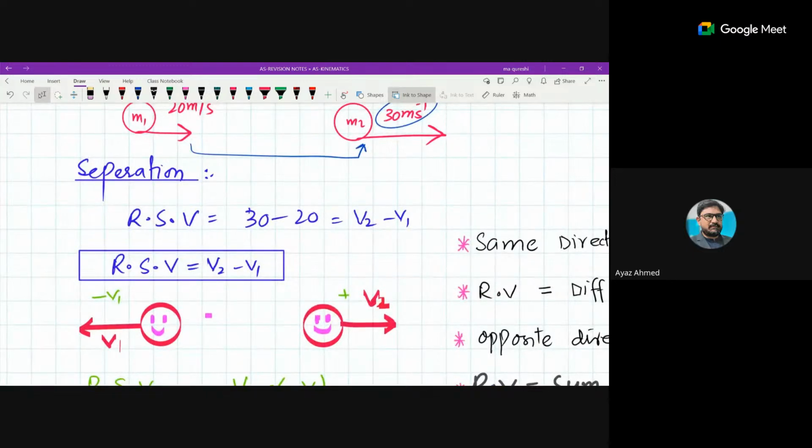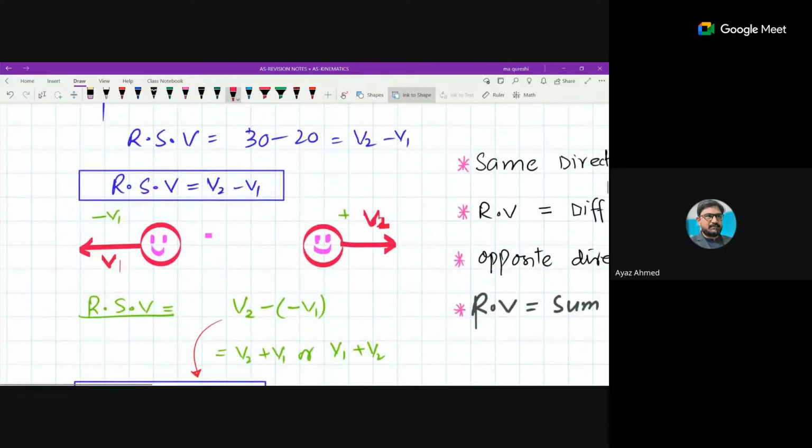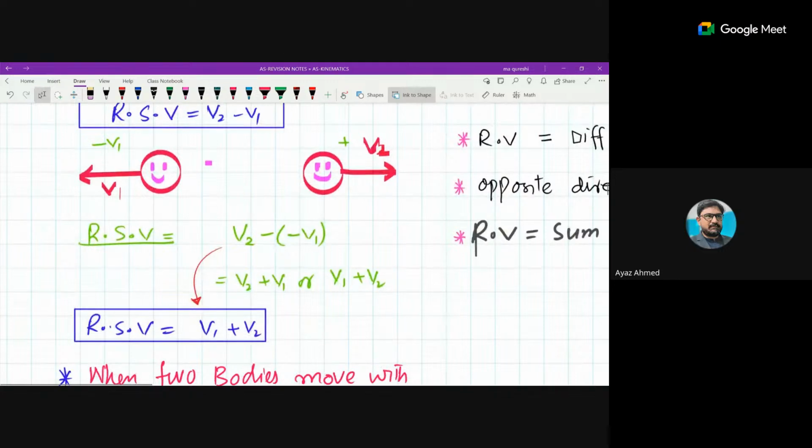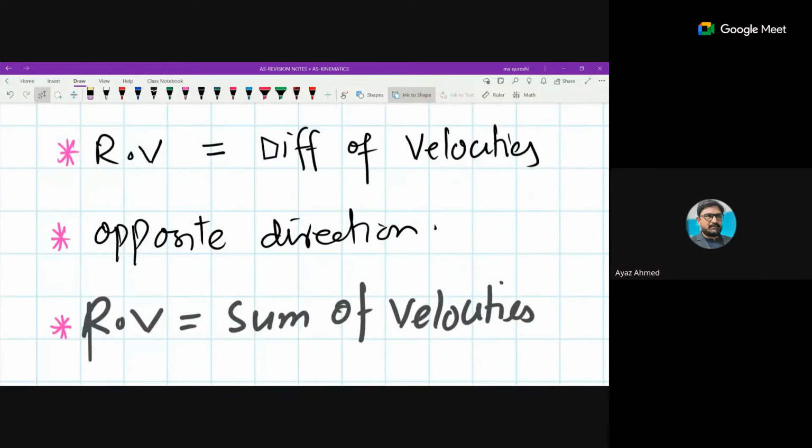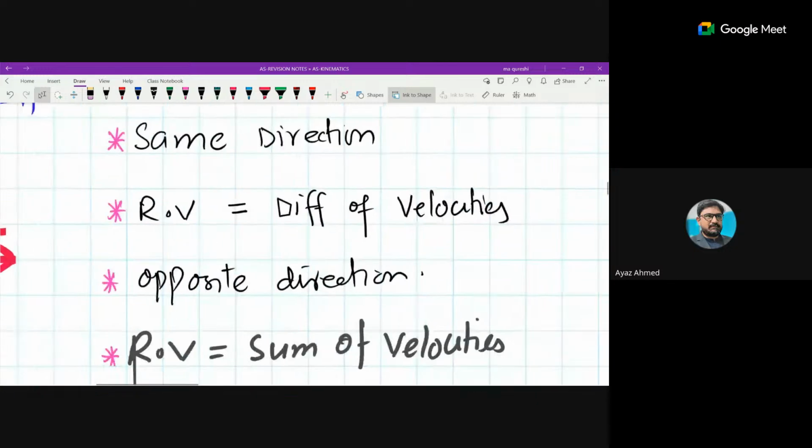Their relative separation velocity is the difference of both velocities. But when they are moving in opposite directions, their relative velocities are summed. So finally, this is the statement: relative velocity is the difference of velocities for same direction, and for opposite direction it is the sum of velocities. Is this very clear to everyone?